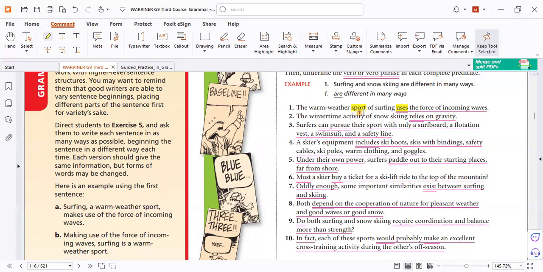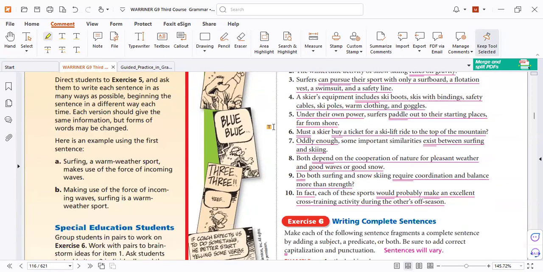So the word sport is singular, and uses is singular. But why not warm weather? Warm weather is an adjective. The subject must be a noun or pronoun only. So be careful.